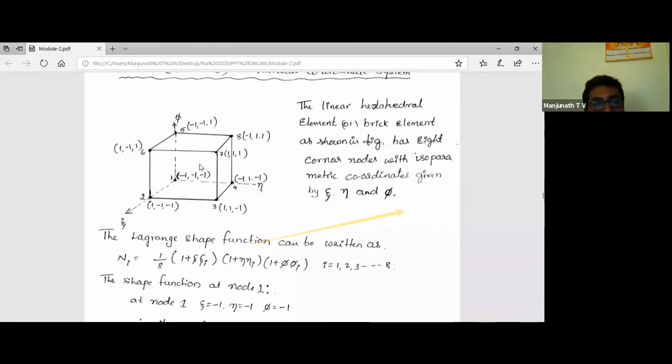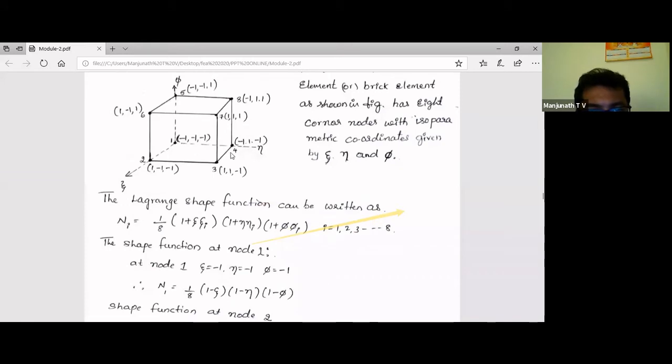So by considering all three directions, where the coordinate values vary from -1 to +1, we can write the coordinate values at each node like this. Node number 1, the values will be -1, -1, -1. At node number 2, +1, -1, -1. At node number 3, 1, 1, -1. That way, in all three directions, we consider the values varying from -1 to +1.